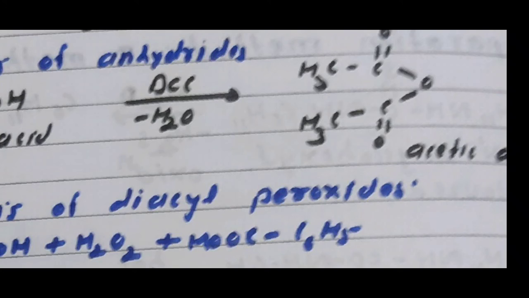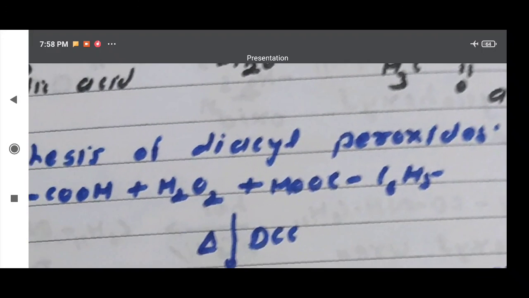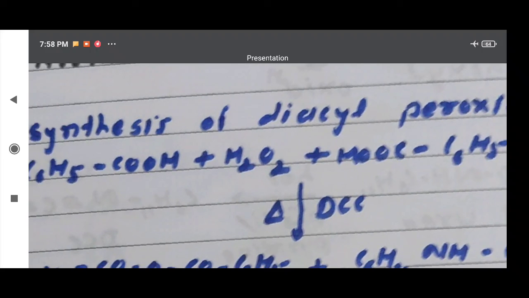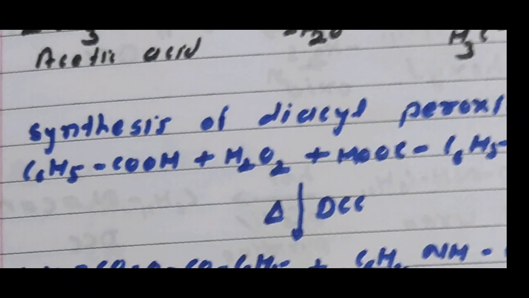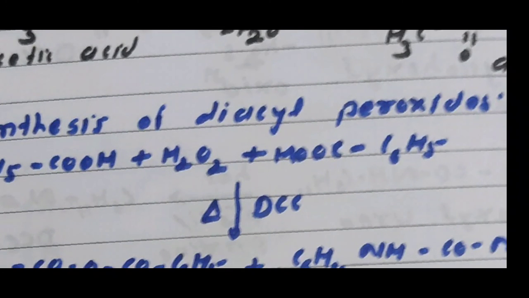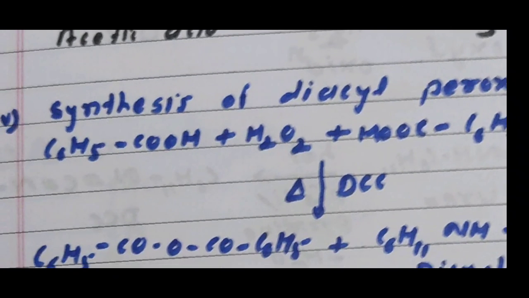And the last application of DCC is synthesis of diacyl peroxide. Here I am taking C6H5COOH, benzoic acid, plus H2O2, hydrogen peroxide.